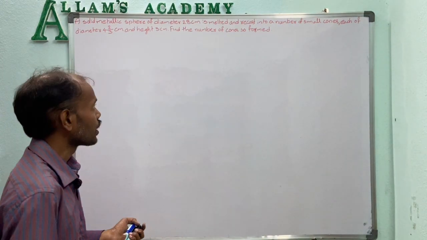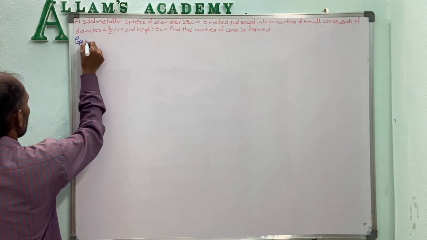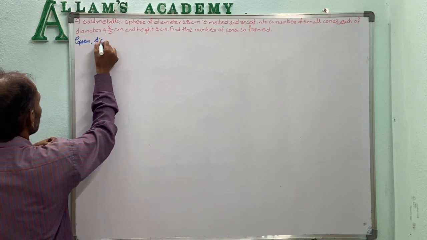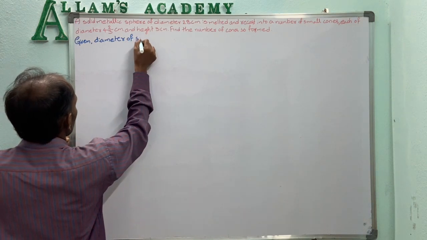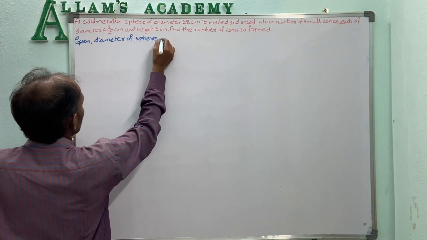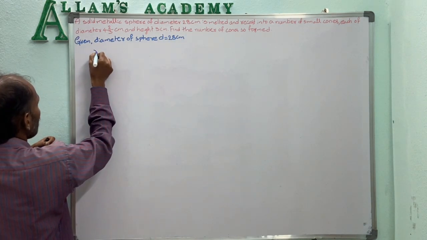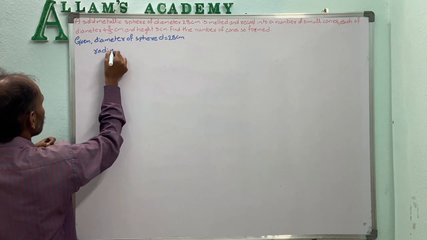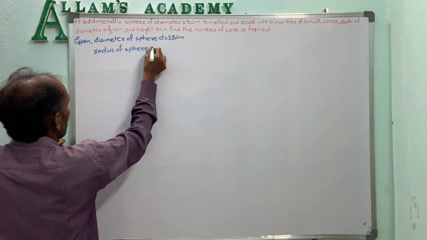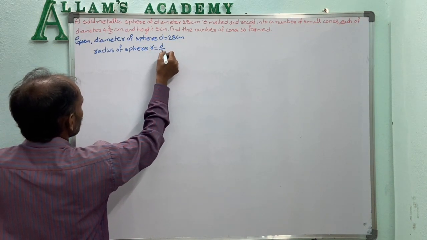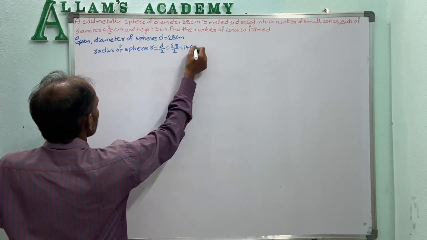Now we write the given data. The given diameter of the sphere is 28 centimeters. So the radius of the sphere is equal to d by 2, that is 28 by 2, equal to 14 centimeters.